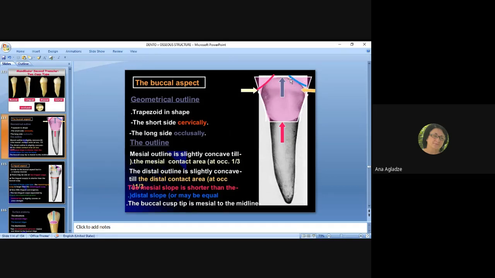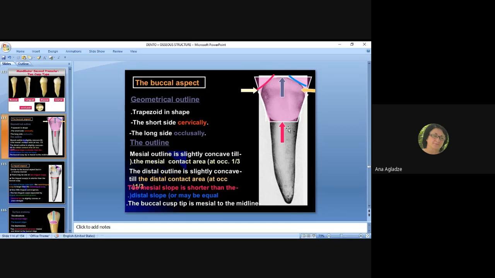You can see the short side cervically, and the base is occlusally. The distal slope is shorter, and the mesial slope is longer. You can see the distal contact area here, and this is the mesial contact area.